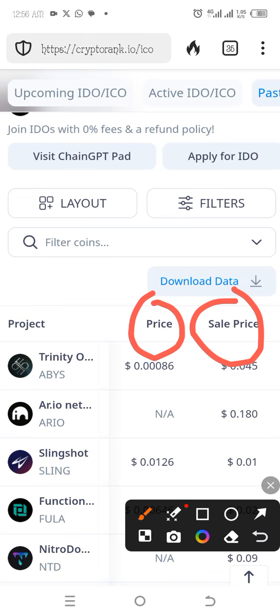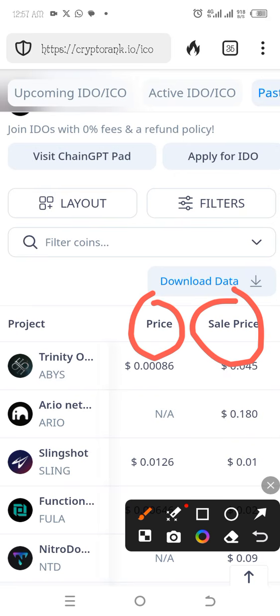The first price is the current price of the coin after it's been listed, so this shows us the valid data of the coin. This sell price is the price that the coin was being sold at during the IDO time.